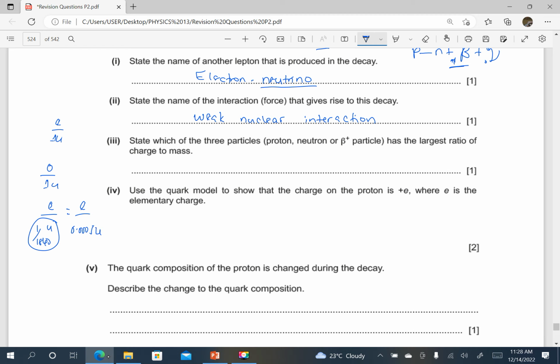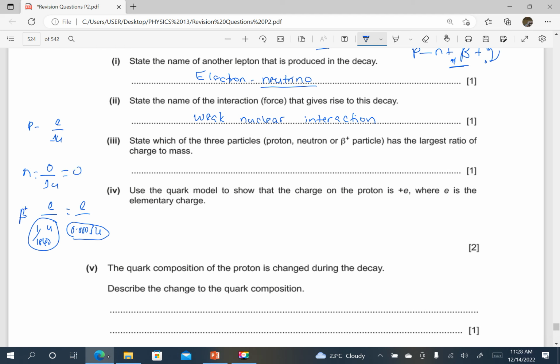This was in u, unified atomic mass units. So you see that this denominator is too small for a beta particle. This was a proton, this is a neutron, and this is the beta positive particle.